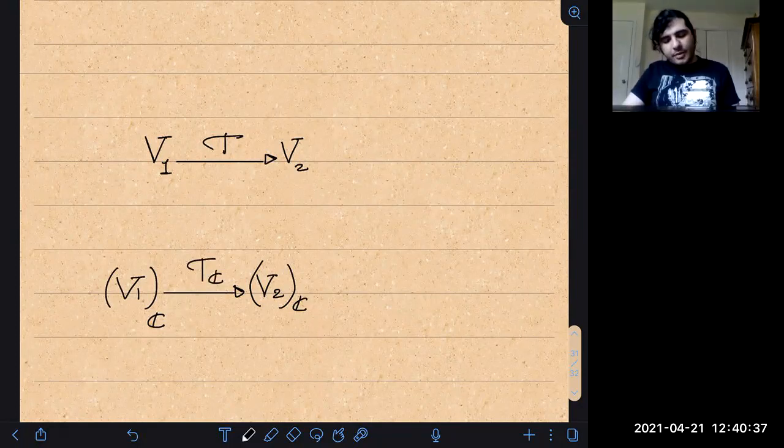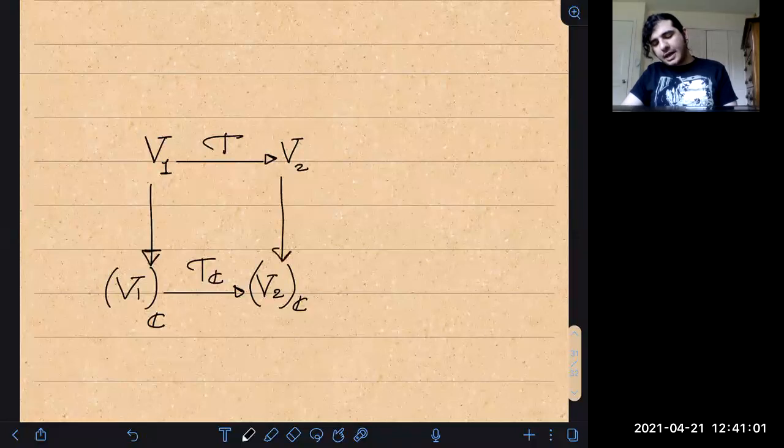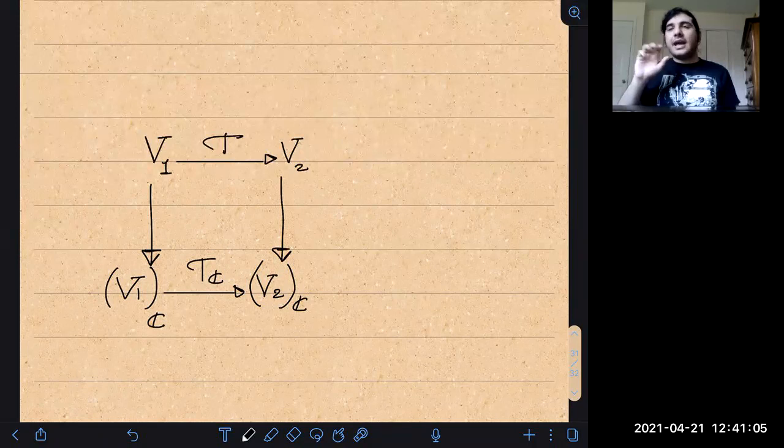On the other hand, any vector v in V1 you can send to 1 tensor v to get a vector in V1C, the complexified vector space. So this gives you a map from V1 to V1C. Similarly, we have a map from V2 to V2C. And we say this diagram commutes.